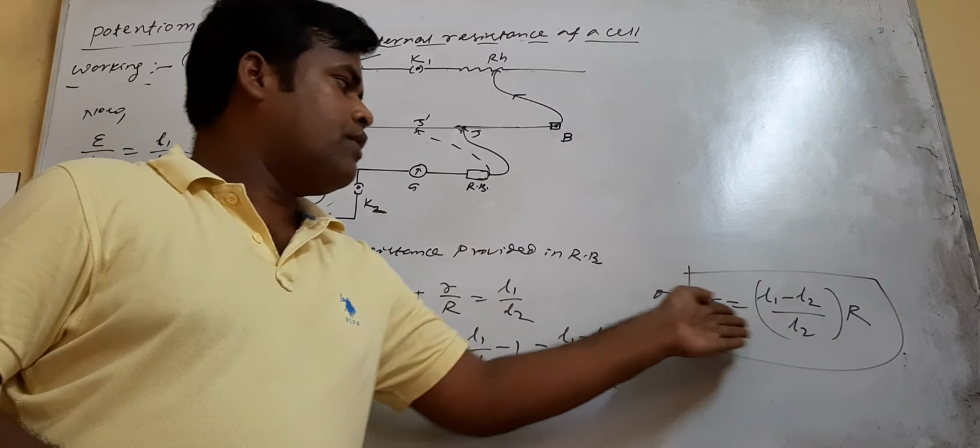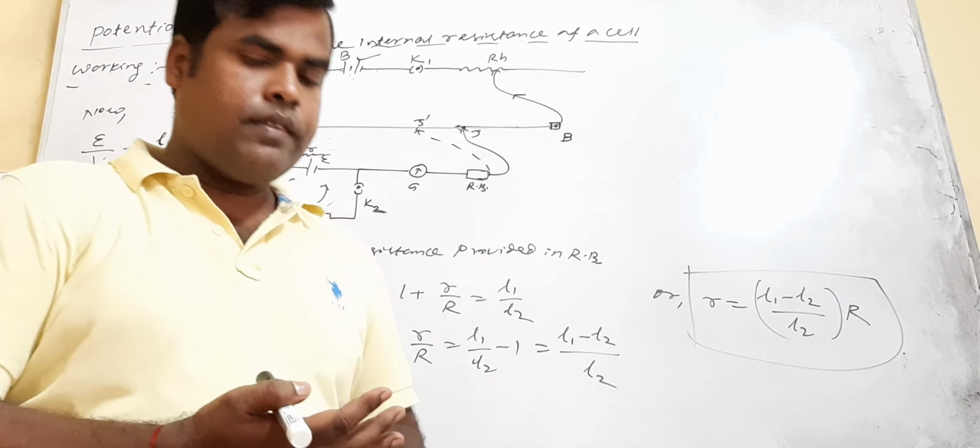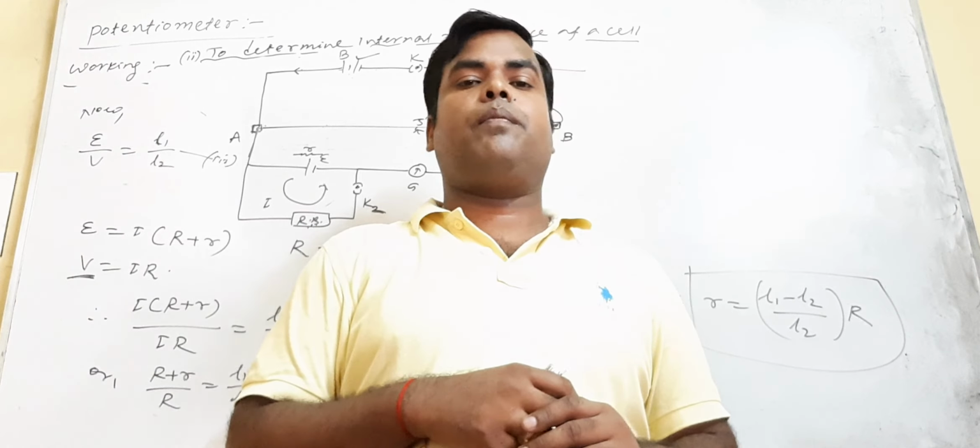By putting these values, you can find the internal resistance. And this completes your potentiometer topic.